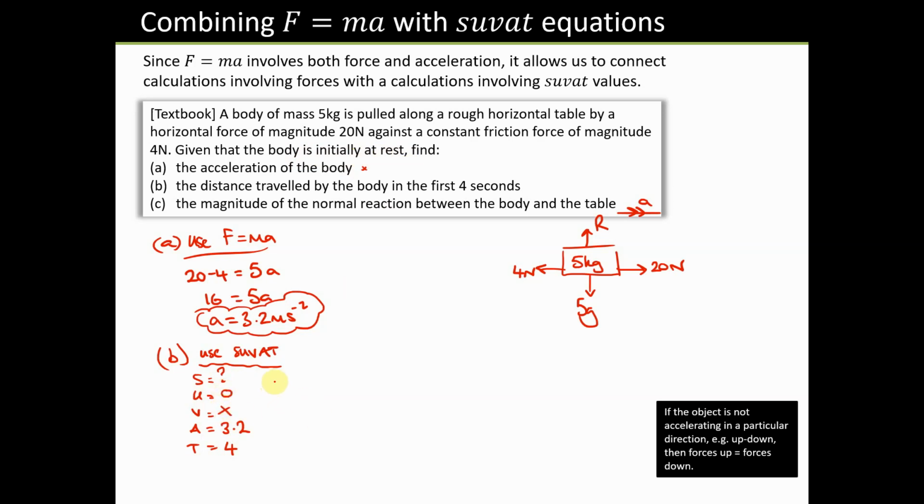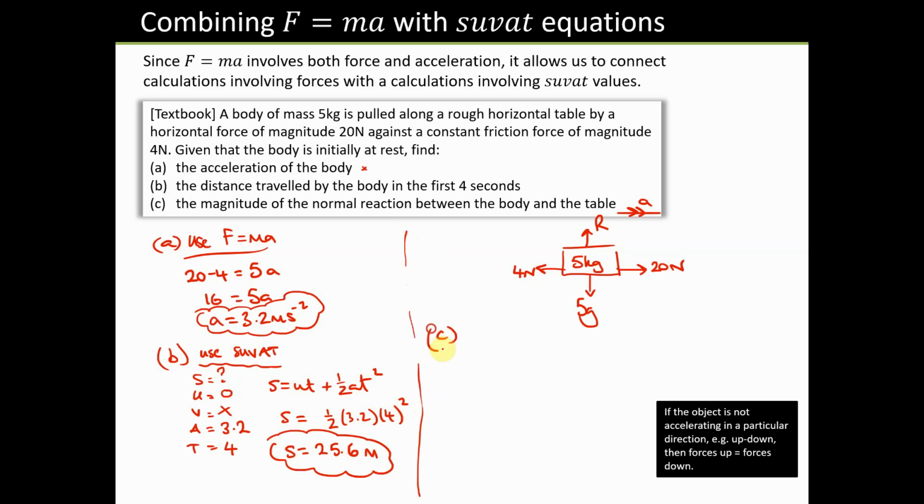So I'm going to be using s equals ut plus half at squared. So let's find that. 1/2 times by 3.2 times by 4 squared. So the distance travelled is 25.6 meters.